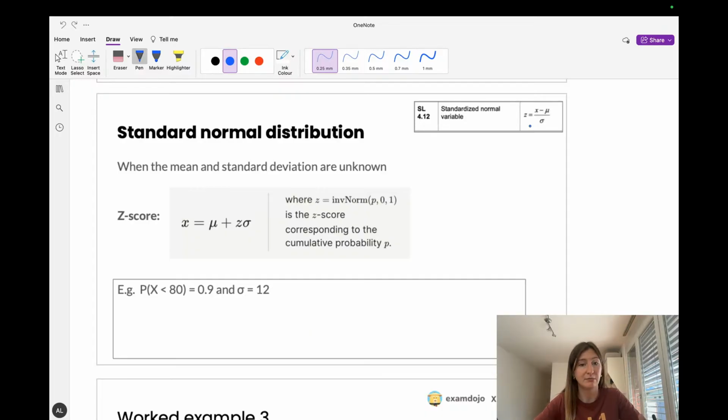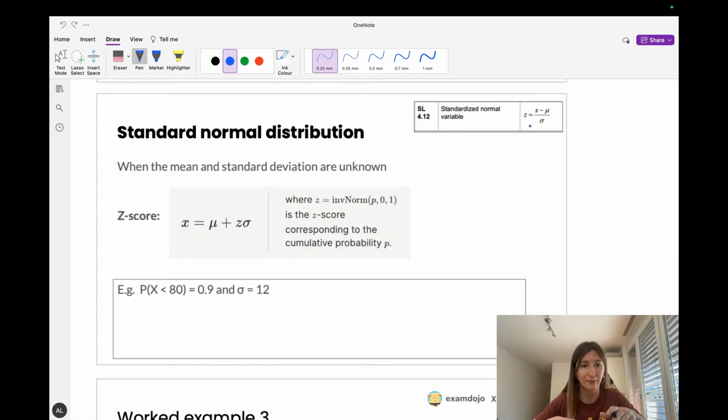They are going to be on the same scale. It's just a nice way of being able to compare data. You don't need to know too much about that. What you do need to know is the formula for it. And your key is if they do not give you a mean or they do not give you a standard deviation, that means you need to standardize it, okay? So anytime it's not given, standardize.